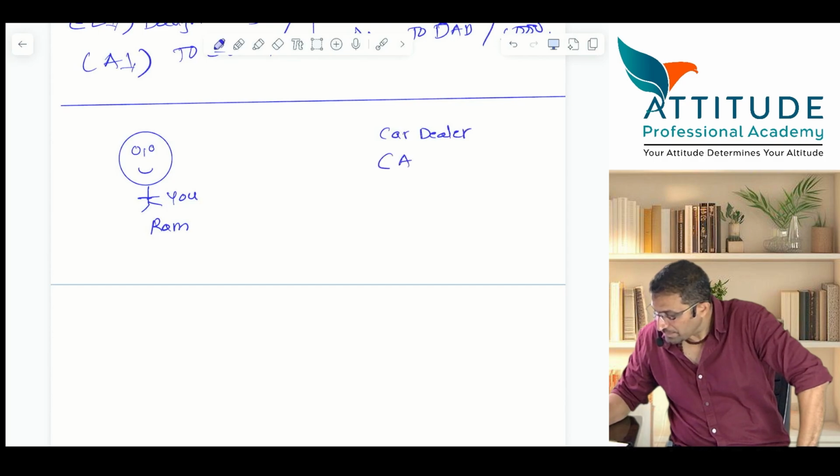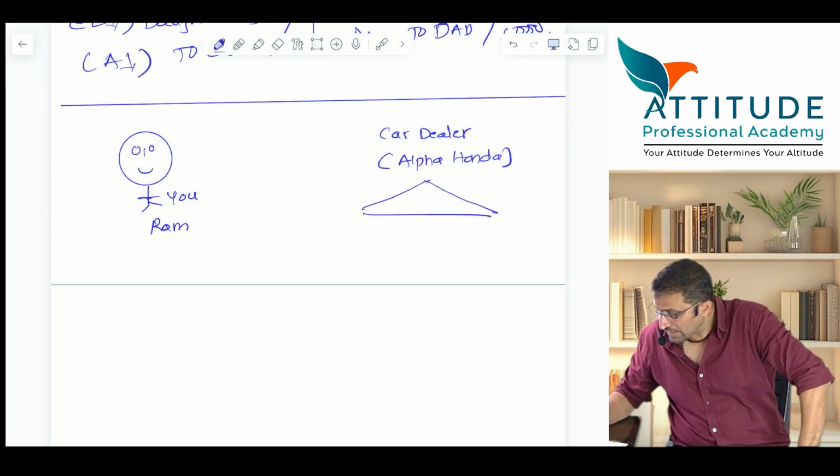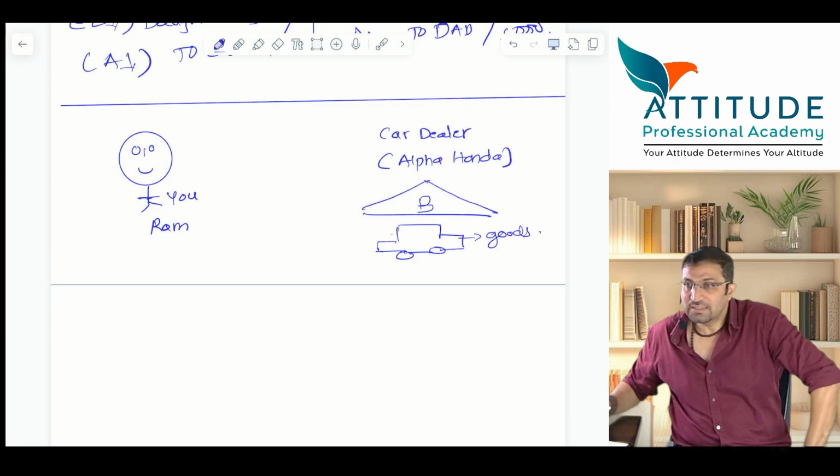Let us say Alpha Honda. This Alpha Honda is dealing in what? It's a business, it is dealing in cars. So cars are what? Goods, no? Goods for whom? Alpha Honda. Is that clear?